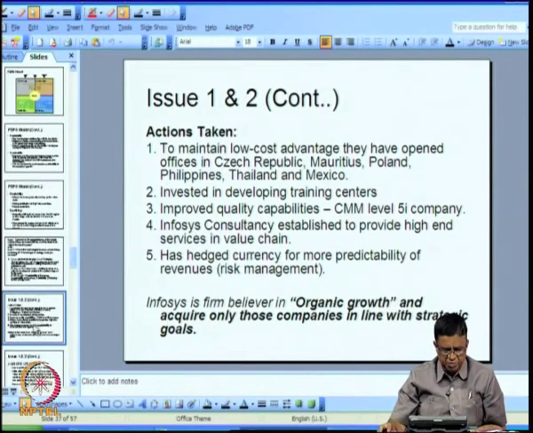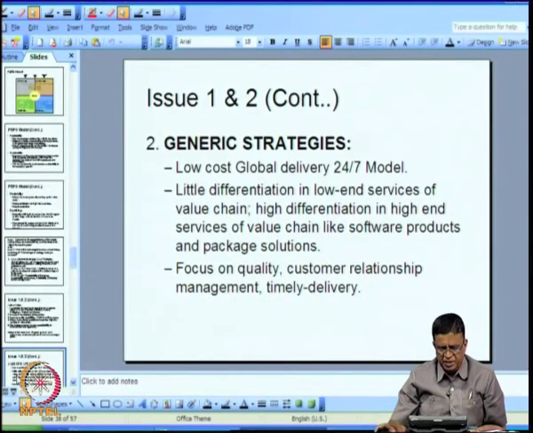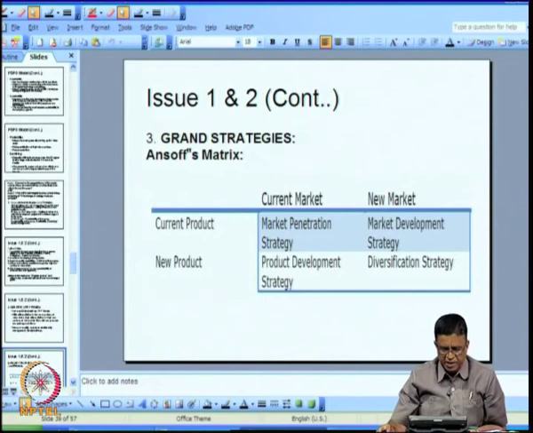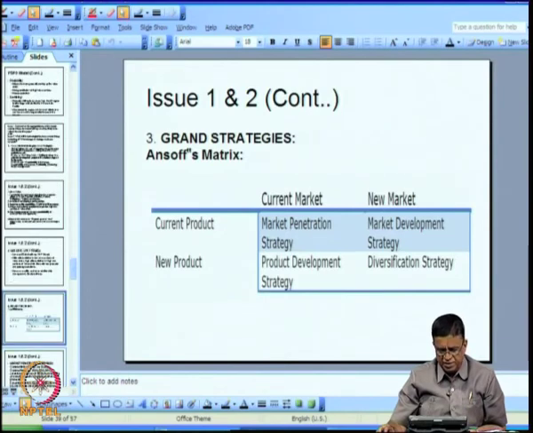So, in other words, the company is really taking care to see that it is not outwitted in this marketplace. Then look at the generic strategies, the next slide. Then the grand strategies the students have analyzed with respect to the Ansoff matrix.